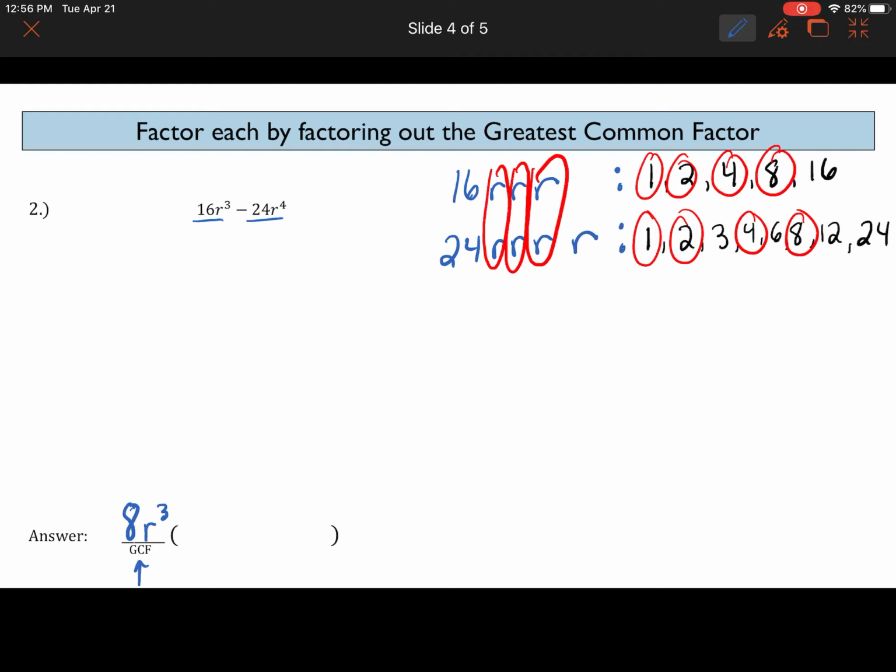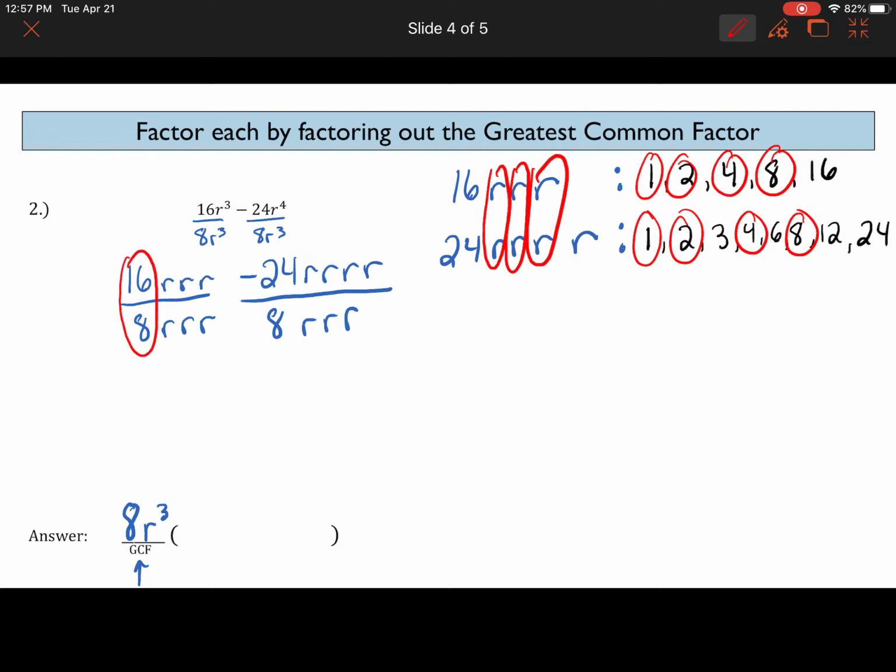So I'm going to take my GCF and I'm going to divide each term by my GCF. 8r to the third, 8r to the third. Okay, if you can divide just like that, that's fine. I like to write it out so I can see what I'm dividing. I have 16r to the third divided by 8r to the third minus 24r to the fourth divided by 8r to the third. 16 divided by 8 gives me 2, and I'm going to cancel all my r pairs, and I have no variable, so it's just 2.